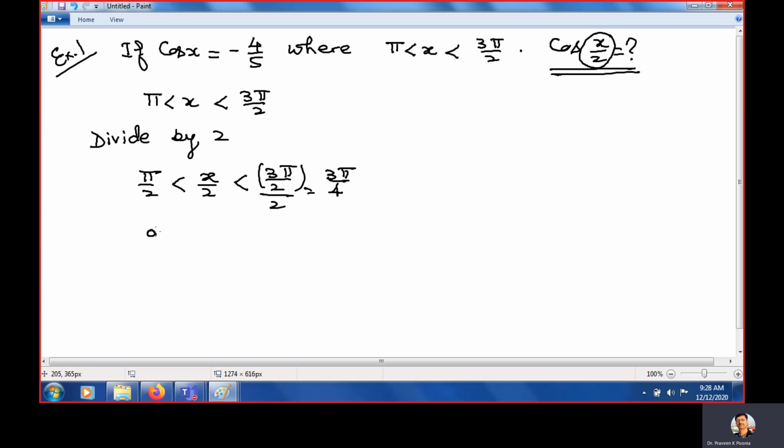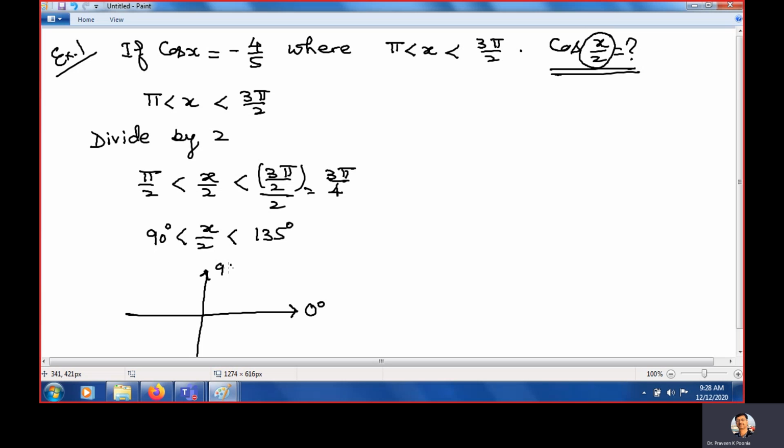If you put the angle values, pi upon 2 is 90 degree, which is less than x upon 2, which is less than 3 pi upon 4, which is 135 degree. It means the angle x by 2 lies between 90 degree and 135 degree. And where are 90 and 135 degree? This is 0 degree.